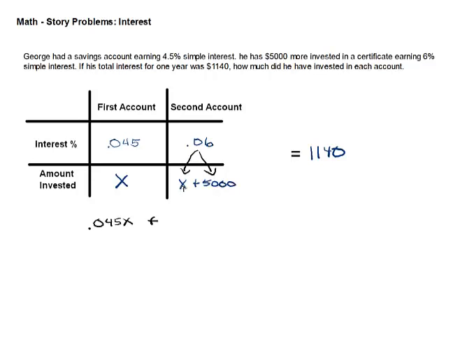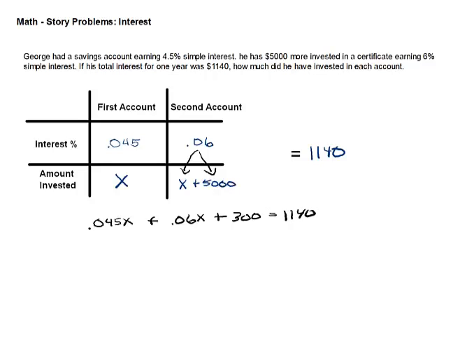So 0.06 times x would just give us 0.06x plus 0.06 times 5,000 would give us 300. And that's going to equal our total interest, which is 1140.